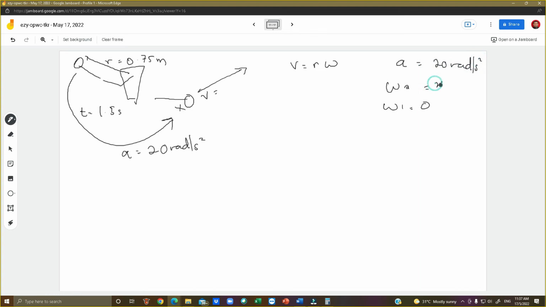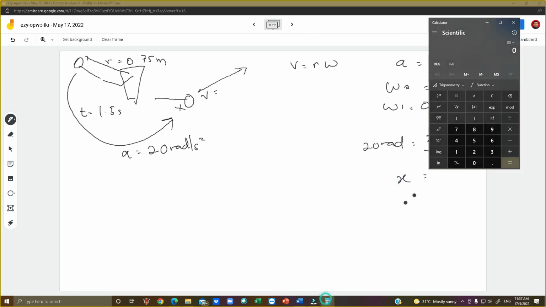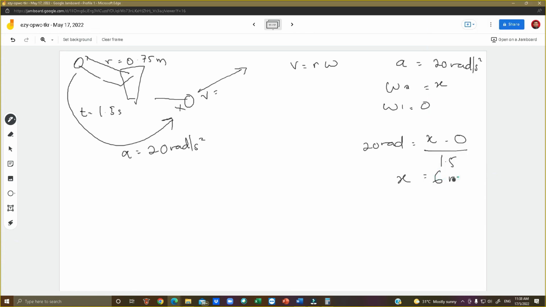Omega 1 kita tak tahu. Okay. So alpha 20 radian equals to omega 2, we don't know that, minus 0. Sama dengan 0 pula. Minus 0 over the time. So x equals to 20 times 1.5. 6 radian per second.